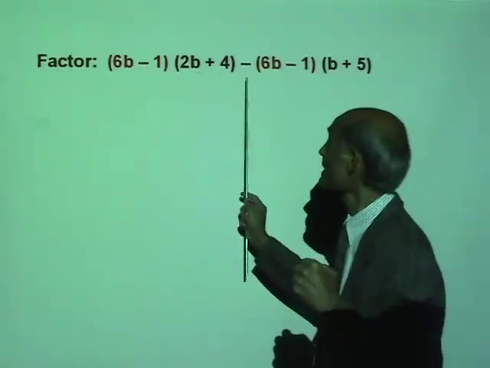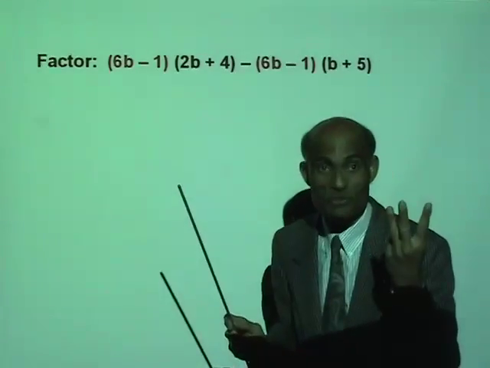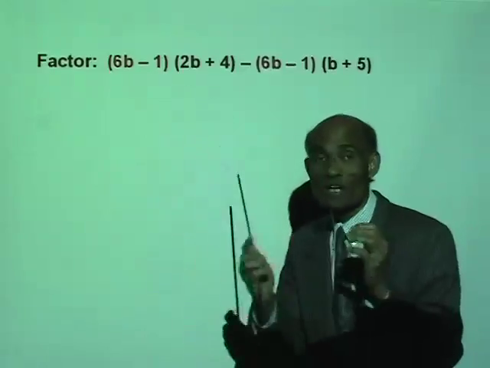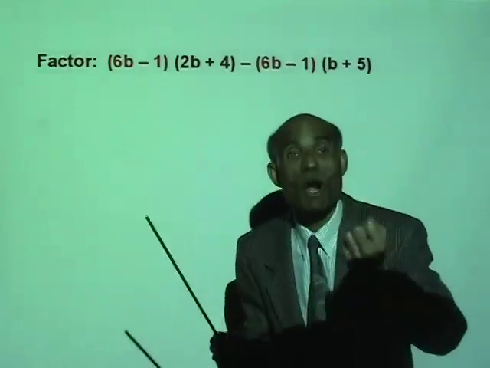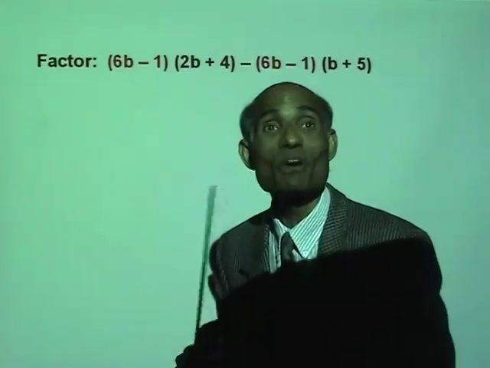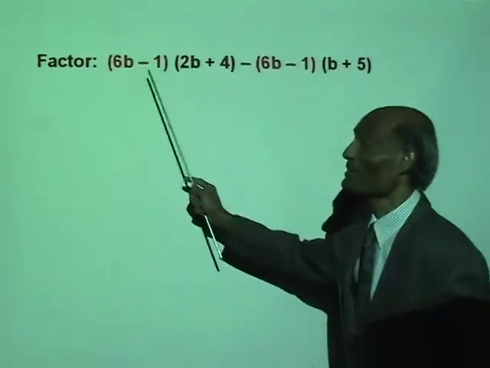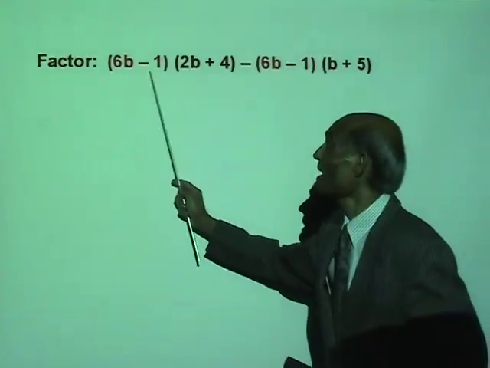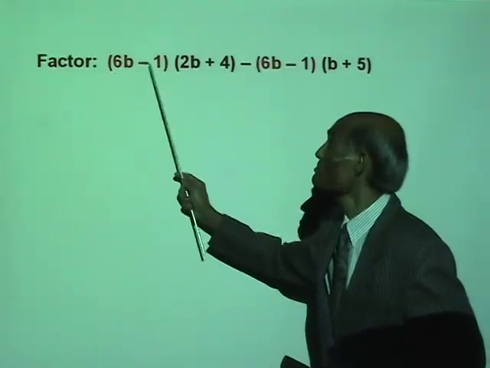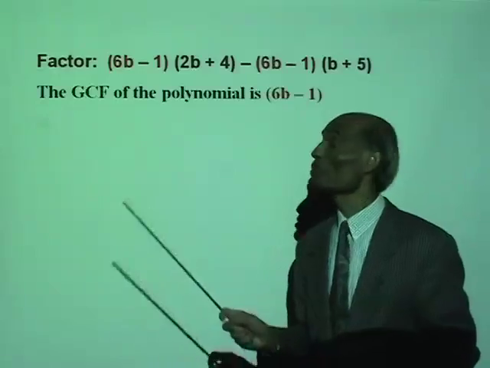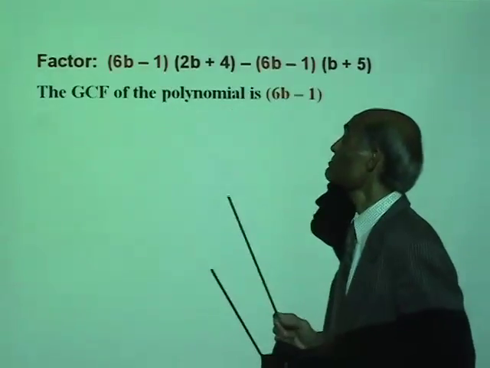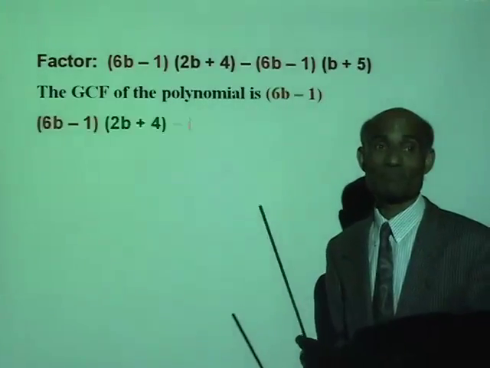So this algebraic expression has two terms, and each term is given in the factored form. What is the common factor among those two terms? It's very simple. I have identified that using colors. 6b minus 1 is the common factor. So the GCF is 6b minus 1.